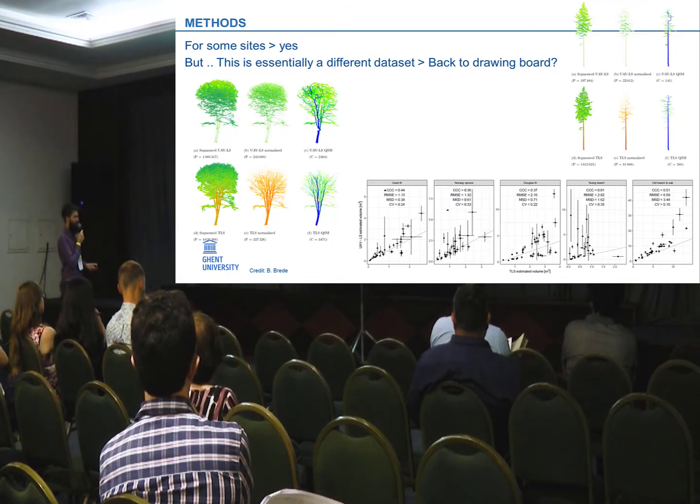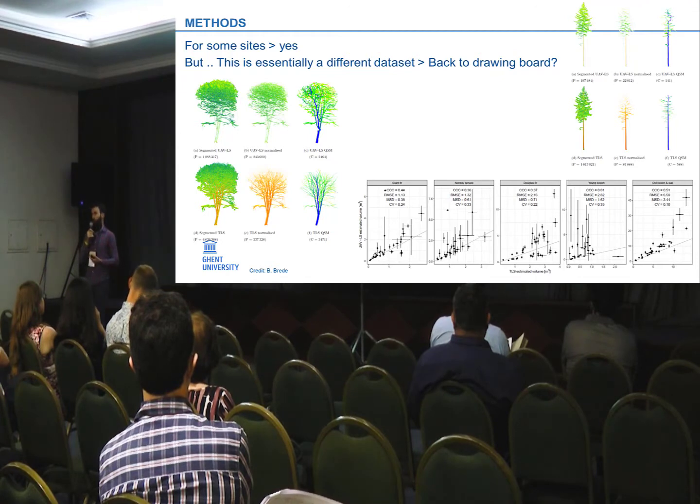And you can see that, especially when trees get larger, when you have more material in the canopy, you systematically start to overfit the volumes, and you create artificial volumes. So there's really still some work to be done if you want to use this QSM approach to estimate biomass.